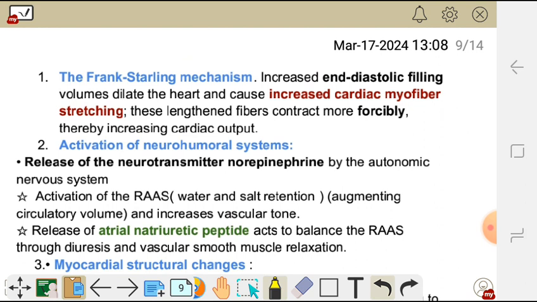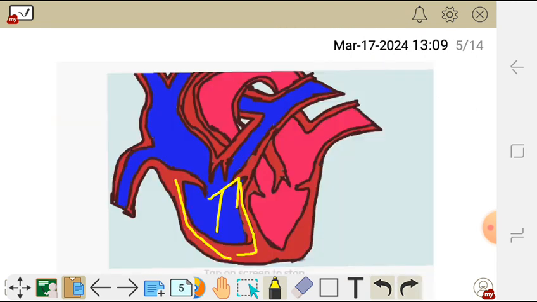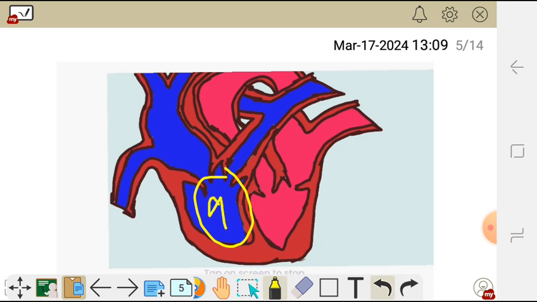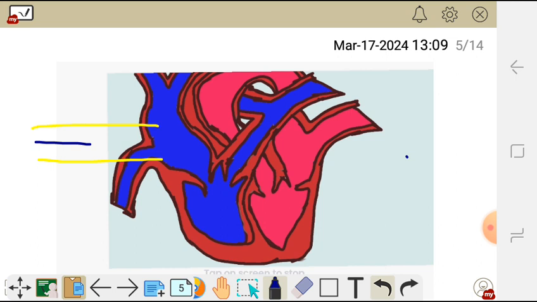In the heart here, the filling of the right ventricle is increased. Once it is increased, the sarcomeres will be extended more. That is the mechanism of contraction, where the myosin and actin filaments interact, pulling the actins toward the midline.